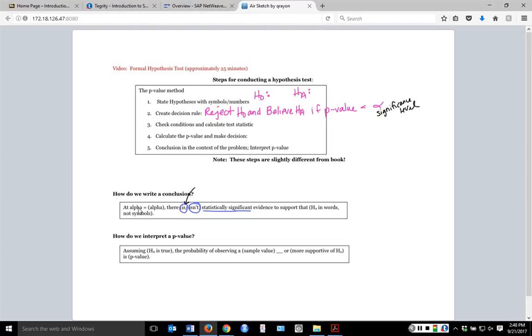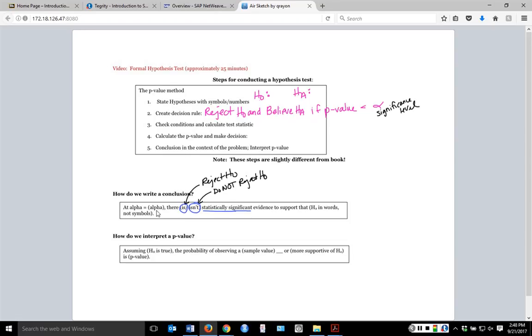So we're going to use "is" if we did reject the null hypothesis. We will choose "isn't" if we do not reject the null hypothesis. And then the last thing we're doing is putting the alternative hypothesis in words.